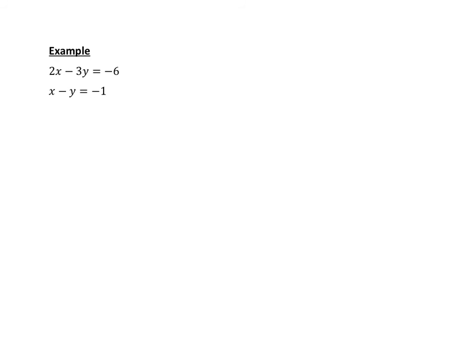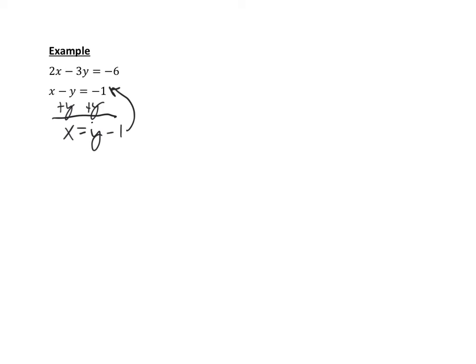Okay, so last one, and the way this is set up, you could actually use elimination if you would like to. You don't have to, or you can use substitution. I would use substitution because what I notice is for this second equation, if I add y over, I'll get x equals y minus 1. That equation is the same as this one here, x minus y equals negative 1.